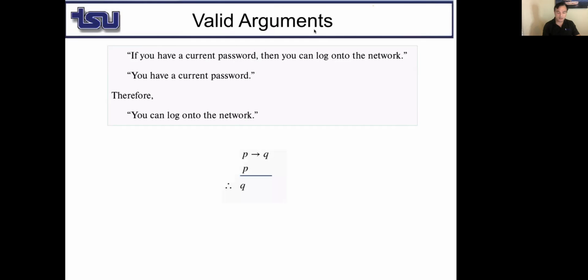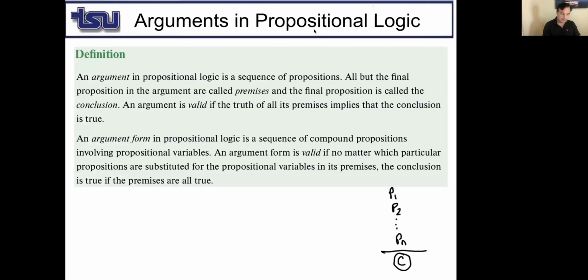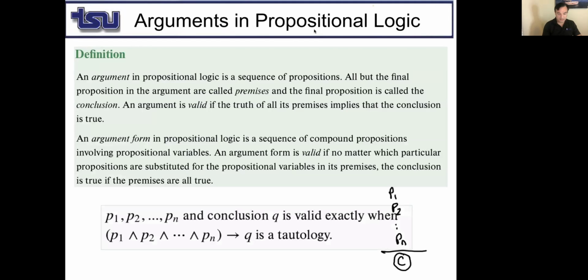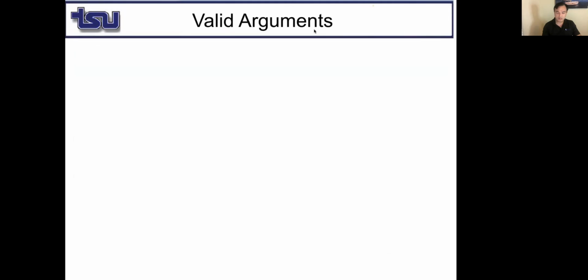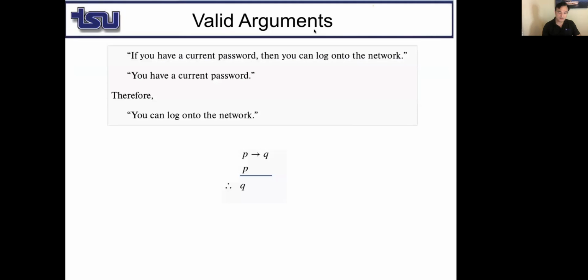So here is the argument. This is premise 1, this is premise 2, and this is our conclusion. And this is valid. How do I know this is valid? Well, we just said that if all propositions are correct, it needs to lead to a correct conclusion. That must be a tautology.